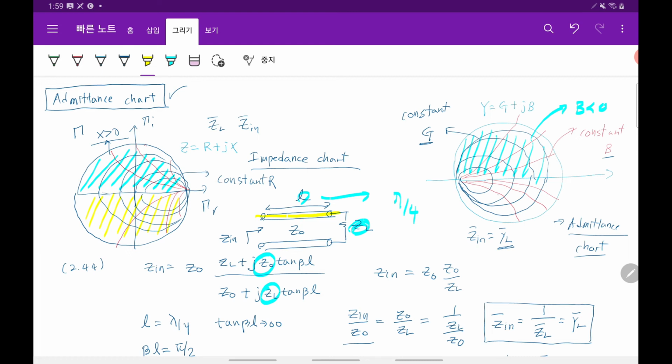And then this part, B is positive. So this is X is positive, this is X is negative. X positive means B negative, right? So this becomes the admittance chart.